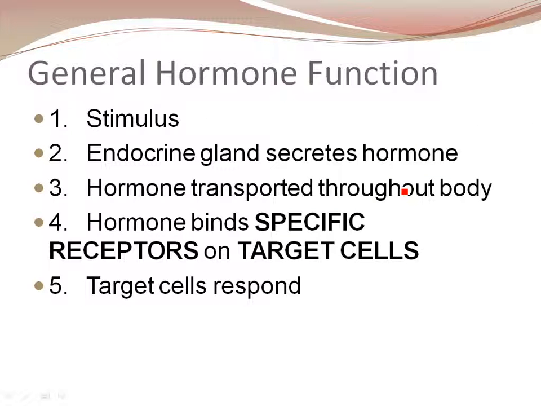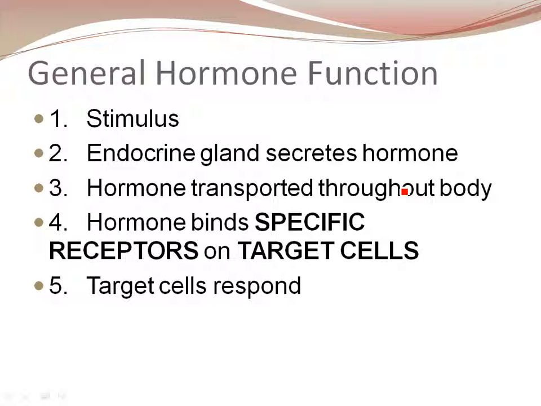Let's just talk about how hormones function in general. Keep this in mind throughout the unit, and for every endocrine hormone that you study, you need to know these basic things about its function: how it's produced, where it goes, and what the actions are that it causes, the effects that it causes on its target.